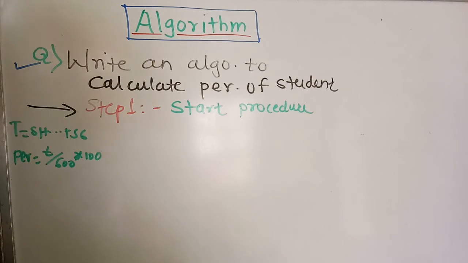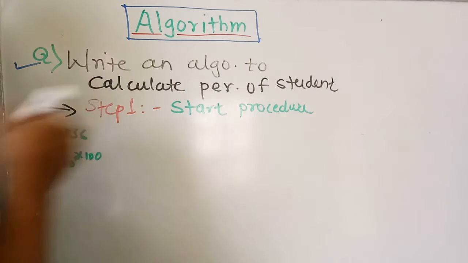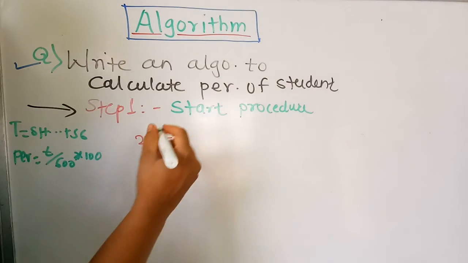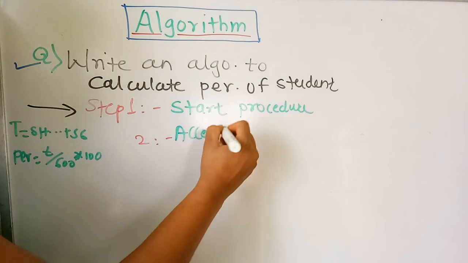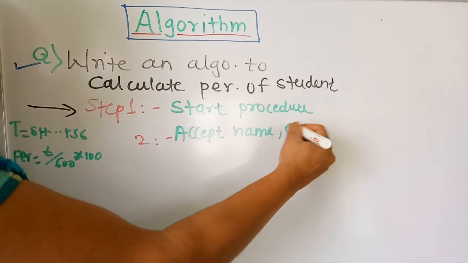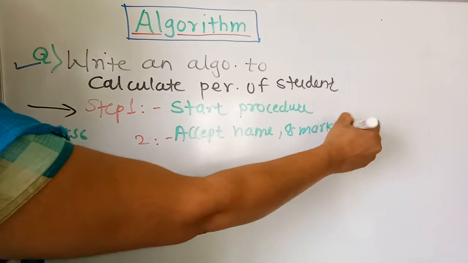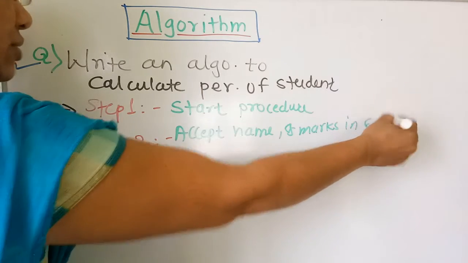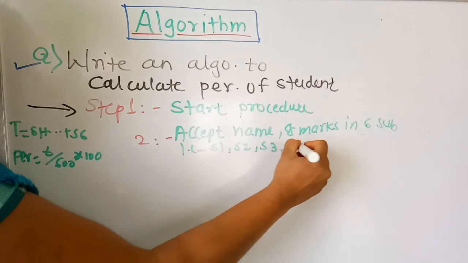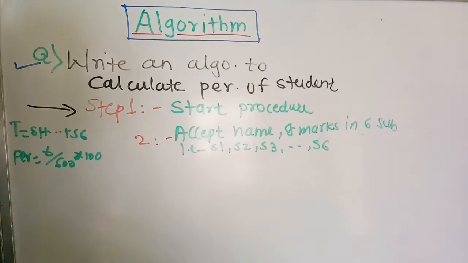So what will be the next step? Step number 2 is accept name and marks in 6 subjects, so that subject 1, subject 2, subject 3, and so on up to subject 6.